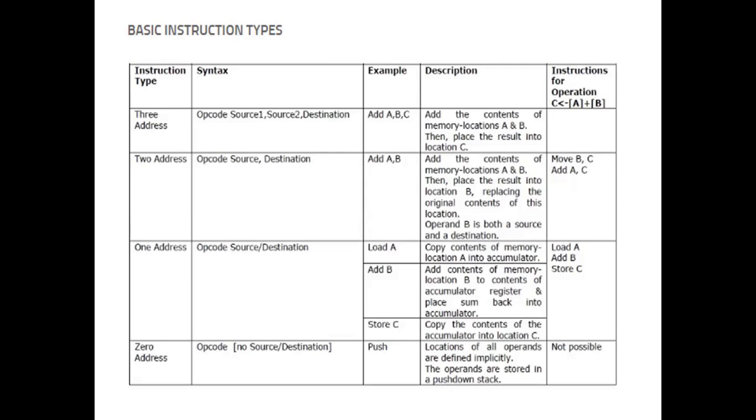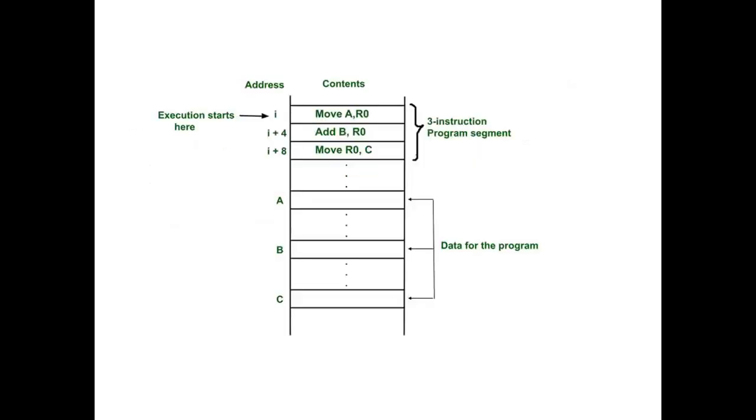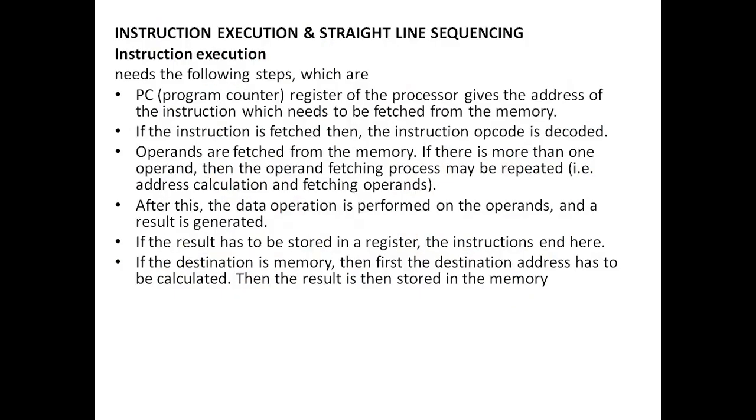The operation performs arithmetic and logical operations, because the add opcode is mentioned. So it performs addition: the a operand value and b operand value are added, then finally the result is placed into the location of c. Here we use 3 operands, that's why we call it a 3 address instruction.